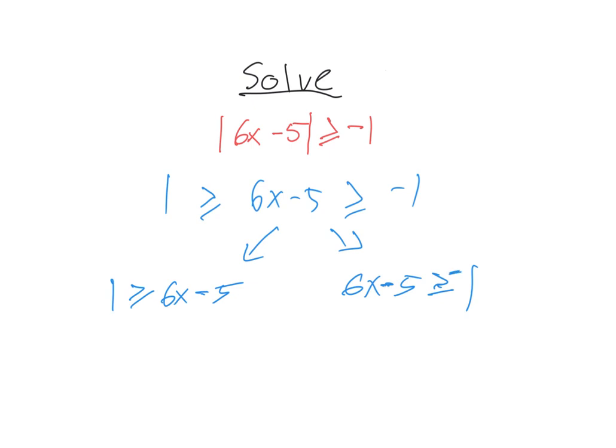Solve the equation on the left. I'm going to add 5. I have 6 greater than or equal to 6x, and x less than or equal to 1, because I divided both sides by 6. And then on the right-hand side, I'm going to have 6x greater than or equal to 4, because I added 5 to both sides. x greater than or equal to 2/3.